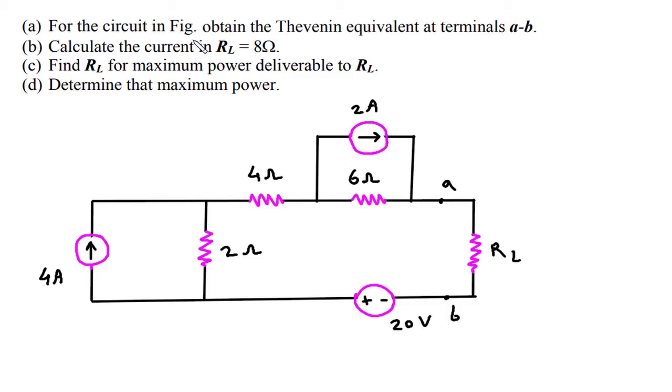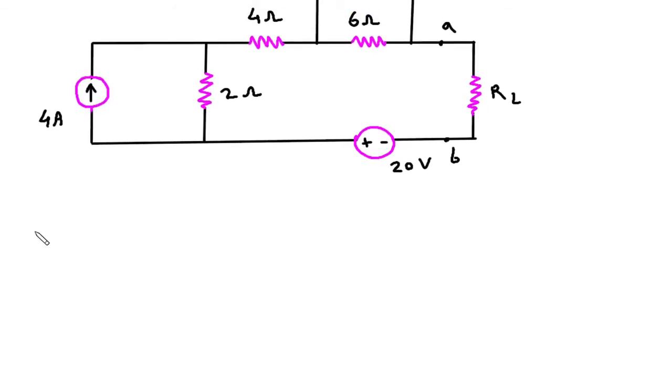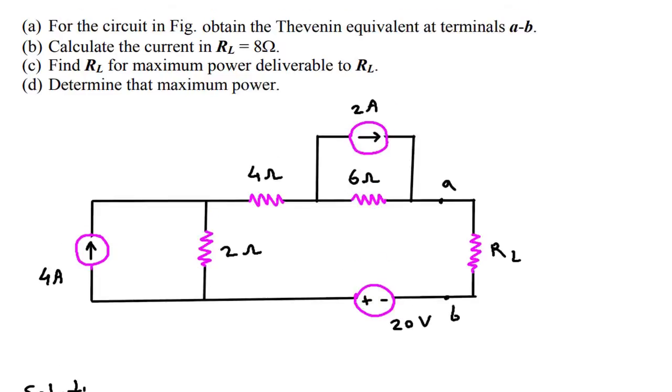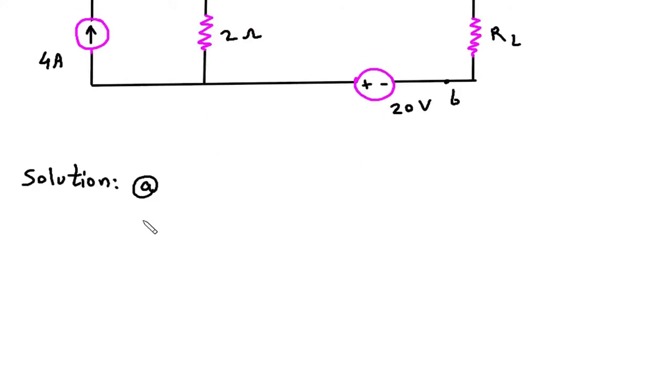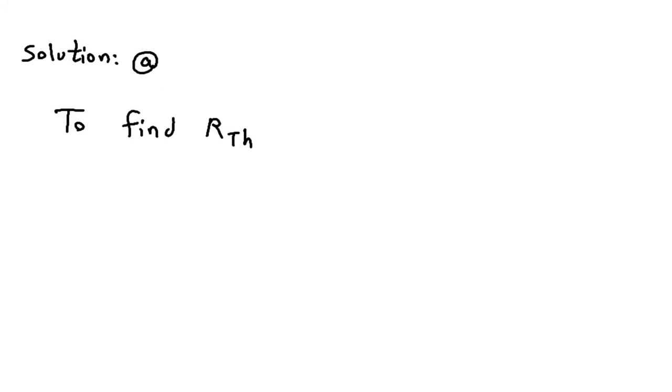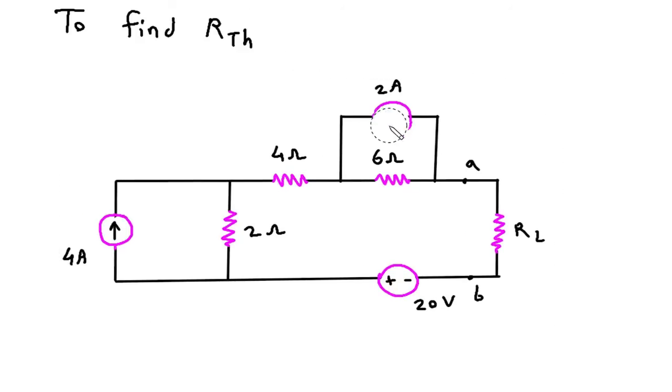For the circuit in figure, obtain the Thevenin equivalent at terminals AB. We have to find the Thevenin equivalent for this circuit. So we have to find RTH and VTH. Solution. So to find RTH, we will turn off all the independent sources.